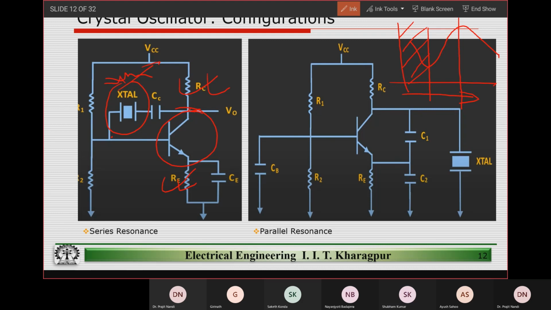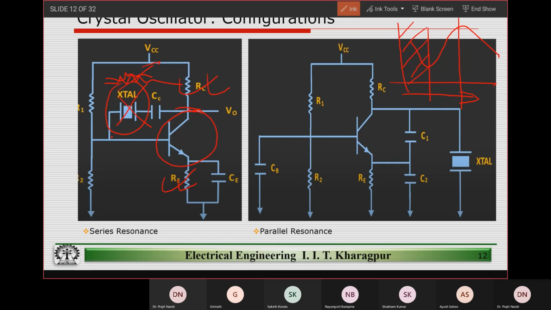So it's like this. Let's say we have a resistor here, right? If we keep increasing the resistor value, what will happen? At some point, the feedback will fall to 0. If the resistor is infinite, this becomes an open circuit, so there is no feedback. And if there is no feedback, this will not work as an oscillator in any case.